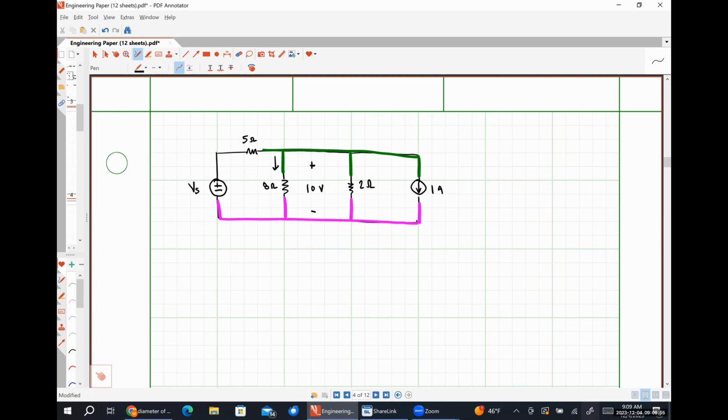Hit me with a number. 10 over 8, okay? So 10 over 8 or 5 over 4. We could also find the current flowing down through the 2 ohm resistor, right? What would that be? Yeah, 10 over 2 is 5 amps.